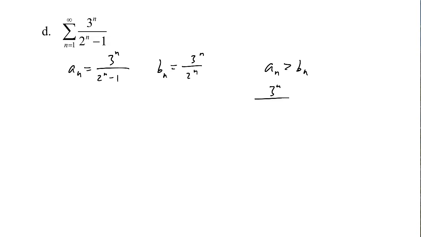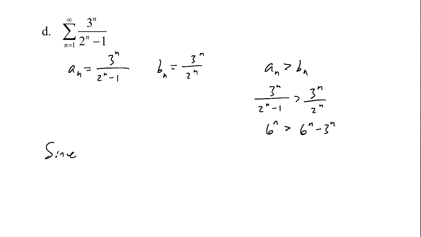So 3 to the n over 2 to the n minus 1. Whoop, I just flipped it for no reason. Right, so then if I can cross multiply, since they have the same exponent with these two things, you can multiply in the bases. So this becomes 6 to the n is greater than 6 to the n minus 3 to the n, and that is for sure going to be true.